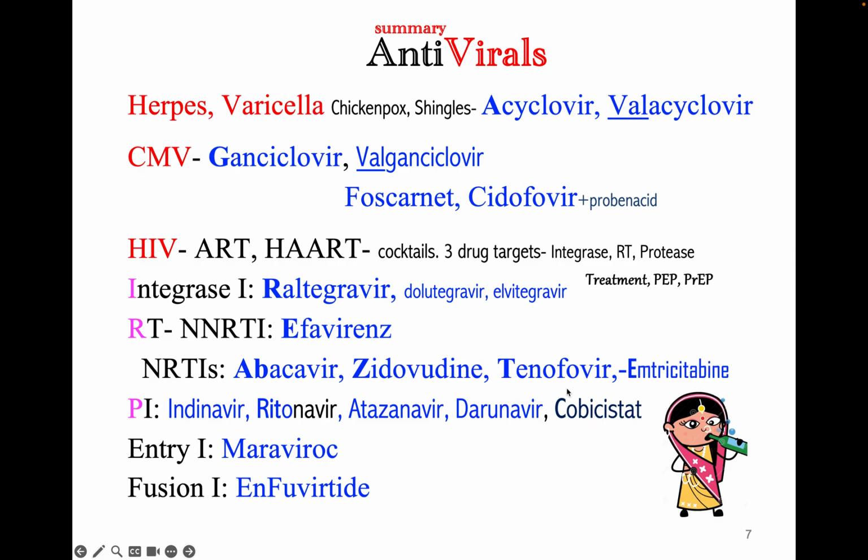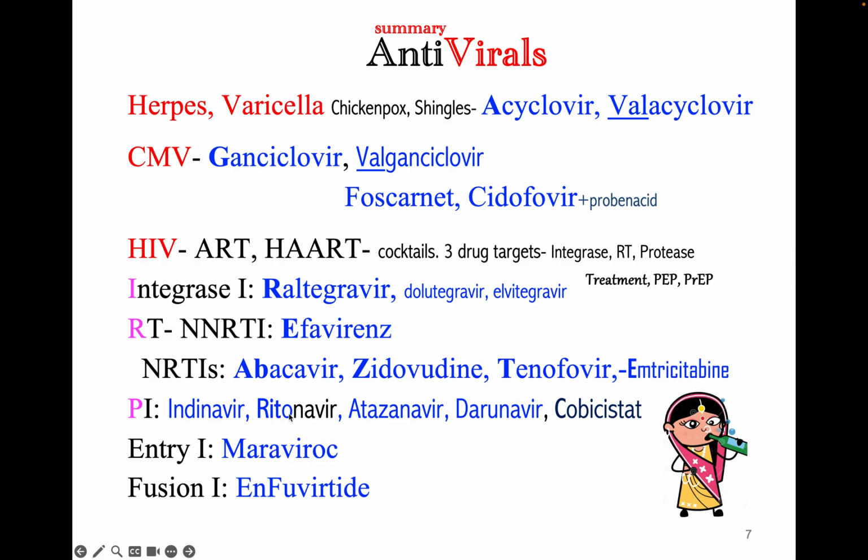This is why I put a different color: this is not an HIV drug, but cobicistat is the most commonly asked board question in HIV drugs, cobicistat or ritonavir. Ritonavir is the pronunciation, from the protease inhibitor. What is the reason?